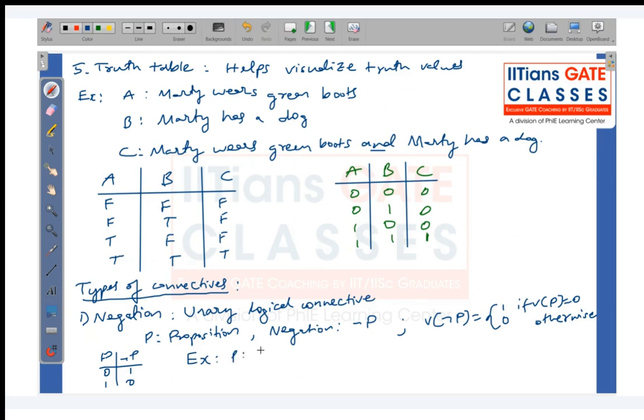I take P as the moon is made of green cheese. The negation of P will be the moon is not made of green cheese.